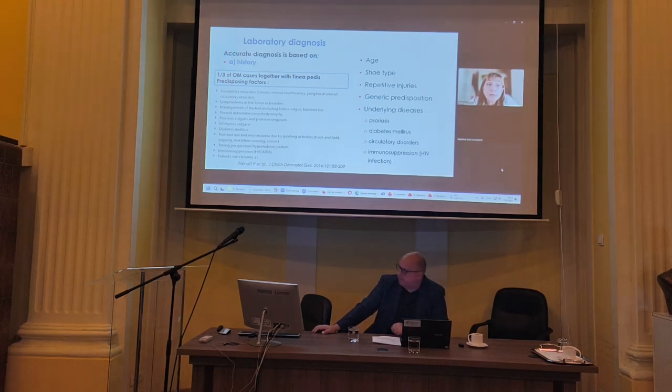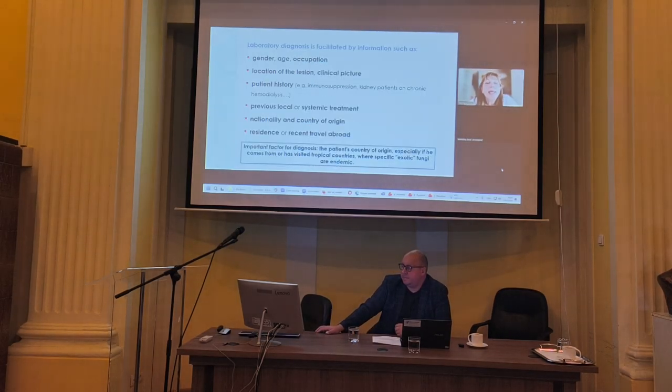And be careful, one third of onychomycosis cases occur together with tinea pedis. Besides gender, age, and occupation, we also need to know the location of the lesions, the clinical picture, previous local or systemic treatment, nationality and country of origin, and also residence or recent travel abroad.